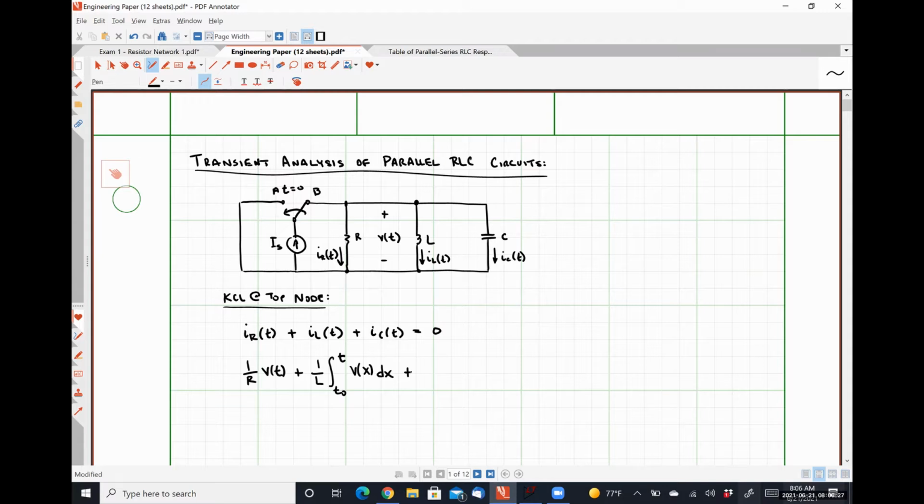And I cannot forget that I also have to include my initial condition, which would be IL at T naught. And then lastly over here, I have the current flowing through a capacitor is equal to the capacitance times the derivative of the voltage.